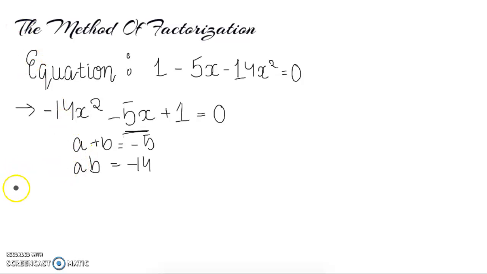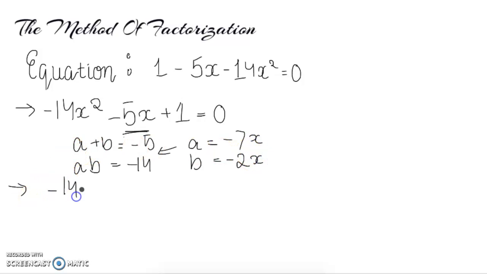Now, I'm going to take these two factors, a is equal to minus 7 and b is equal to 2, and substitute them for minus 5x. So I get minus 14x squared minus 7x plus 2x plus 1 is equal to 0. Now I'm going to make pairs of these terms.